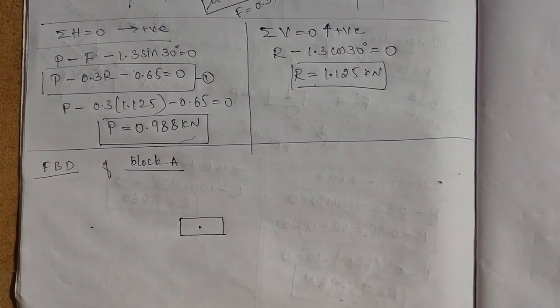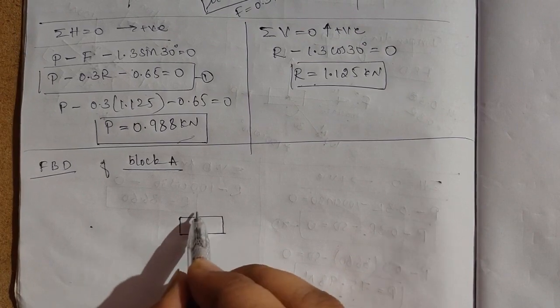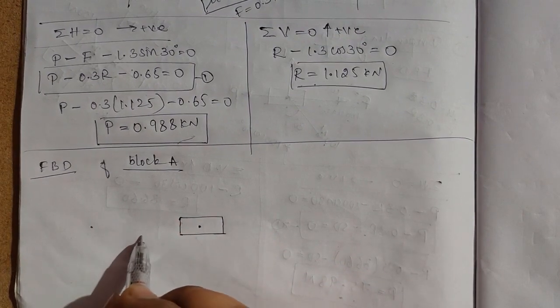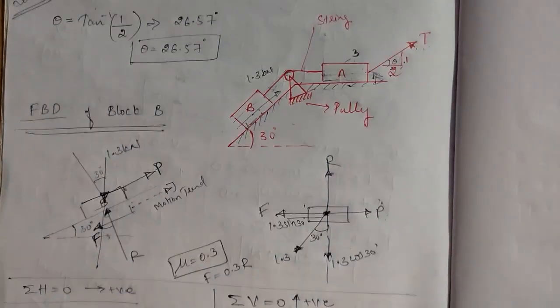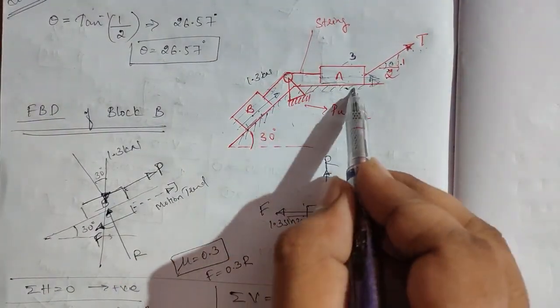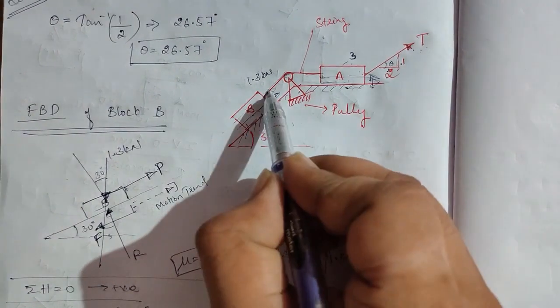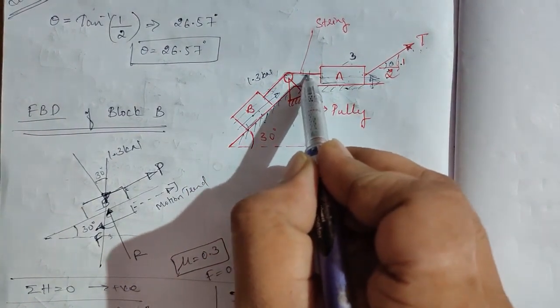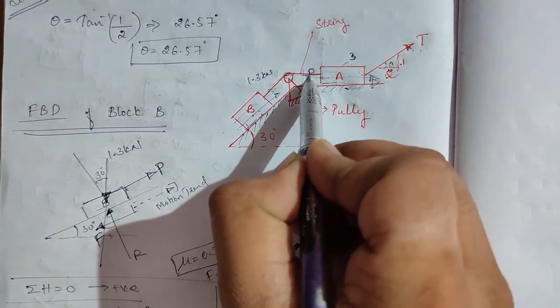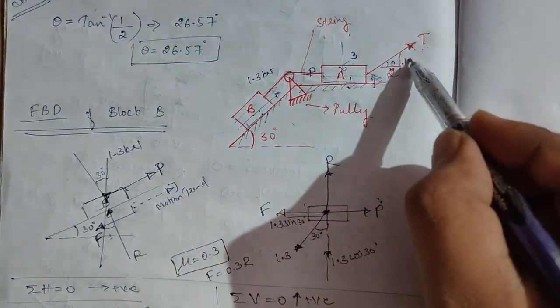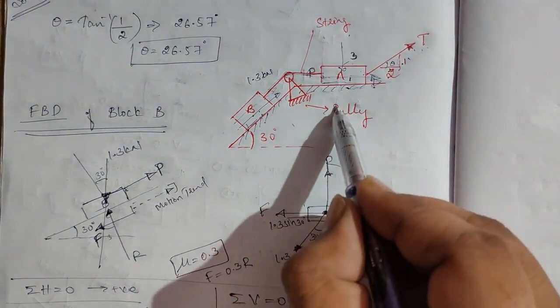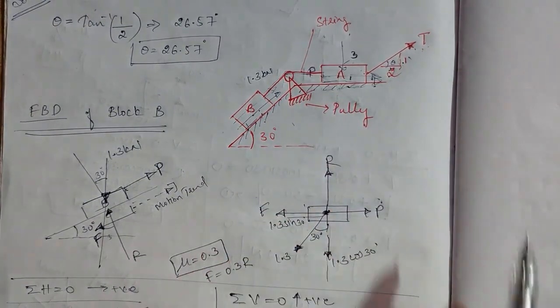Okay, block A. So what are the forces? It has the horizontal force here, it has the horizontal plane. This value is nothing but what we found now, P. Then 3 kilonewton weight will be added, T will be added, then R will be added, F will be added.